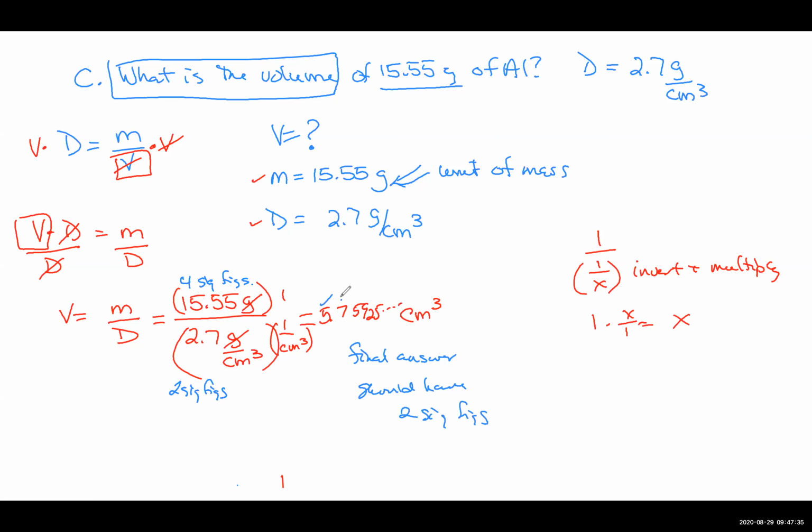So I'm going to keep the 5, I'm going to keep the 7, I'm going to drop a 5, round up. So this is going to be 5.8 centimeters cubed as my final answer.